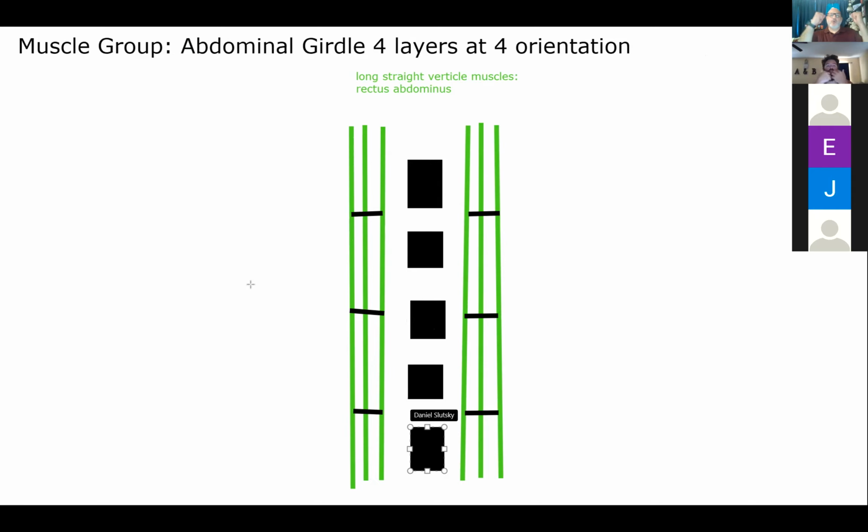So of course, when our abdominal girdle contracts, those muscles get smaller. They basically move parallel to the vertebral column. So what does that do to the vertebrae? What is the action? Flexes the vertebrae. It flexes the vertebrae.